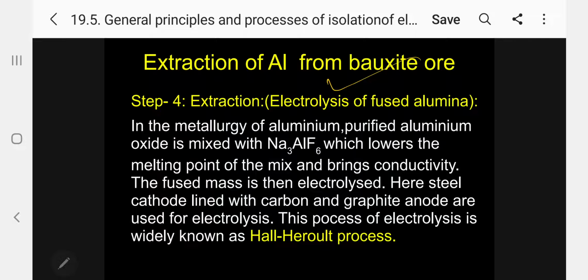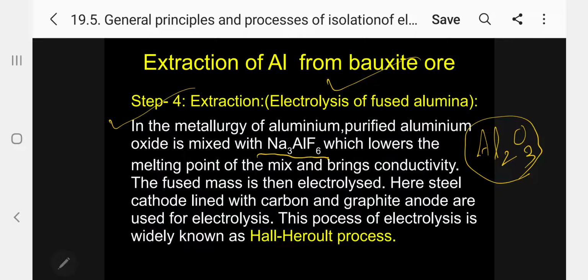In the metallurgy of aluminium, purified aluminium oxide is mixed with Na3AlF6. So, the aluminium oxide we get from the third step, with that we are mixing a small quantity of Na3AlF6, which lowers the melting point of the mixture and brings conductivity.